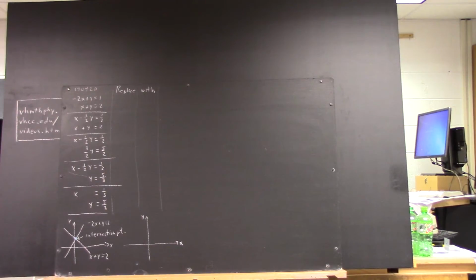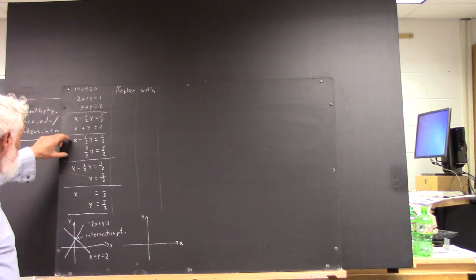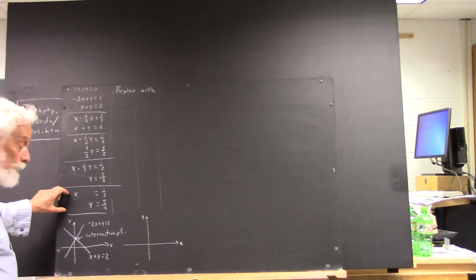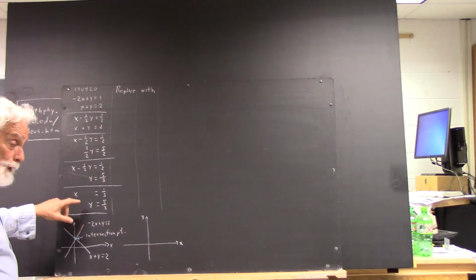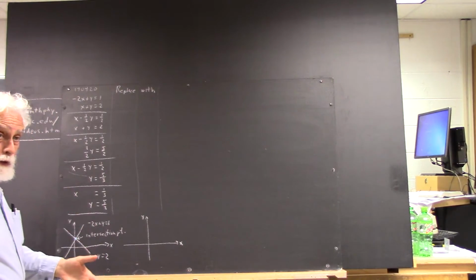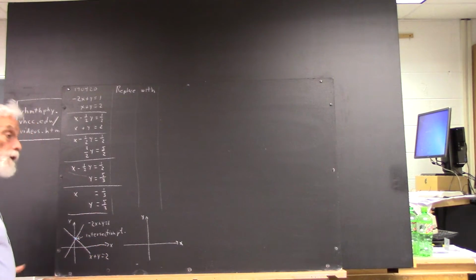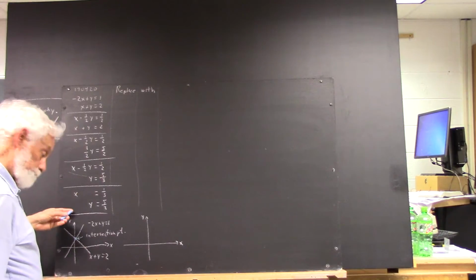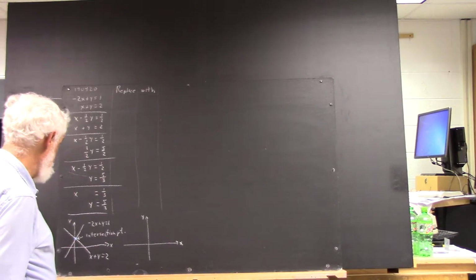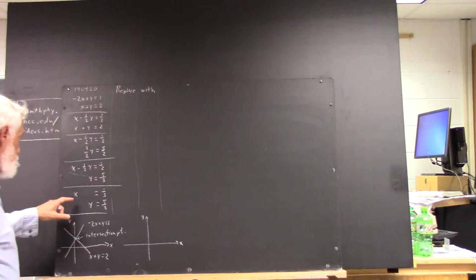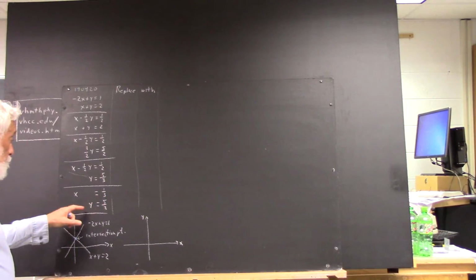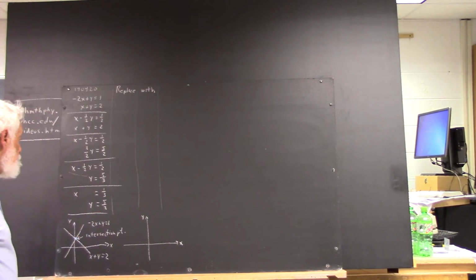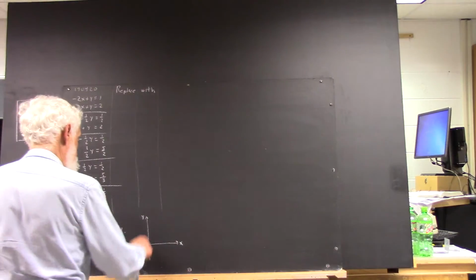Now, what we've done here algebraically is determine an equivalent system, that is, a system whose solutions are identical to those of the original. The equivalent system that we arrive at down here simply says x equals 1/3, y equals 5/3. So this system would have a graph that looks like this.